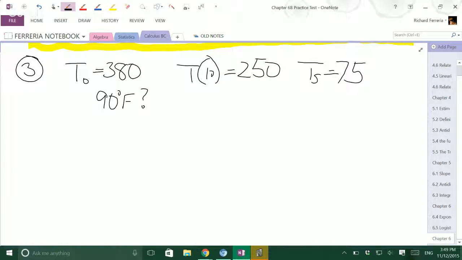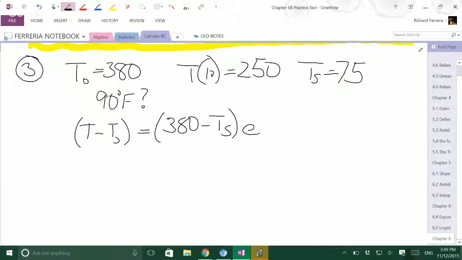Well, before we can get there, we'll need our equation. So let's get to our equation. Newton's law of cooling says the temperature difference is exponential. So T minus TS equals the initial temperature difference, e to the negative kt.